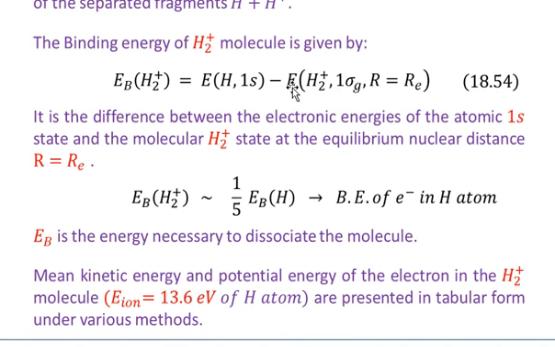So we are mentioning this energy of the molecule at a fixed value of R equal to R_e. On the right hand side we have the energy of the hydrogen atom in its ground state minus the energy of the singly ionized molecule in its ground state at R equal to R_e. The difference between these two energy states gives you the binding energy of the singly ionized hydrogen molecule.